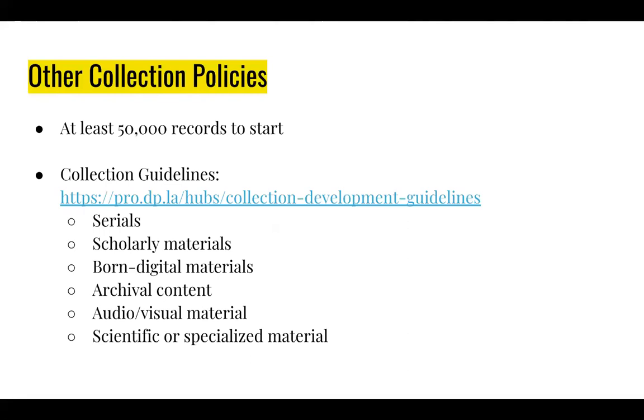That's not to say that these are things we don't accept, but that we have a policy within each of these about generally what we're looking for versus what we're not. In each case, it's an individual decision, really. So there's not a hard and fast rule that we do take preprints, but we don't take lecture notes or something like that. But there's a rule of thumb outlined in the collection guidelines for each of these areas.